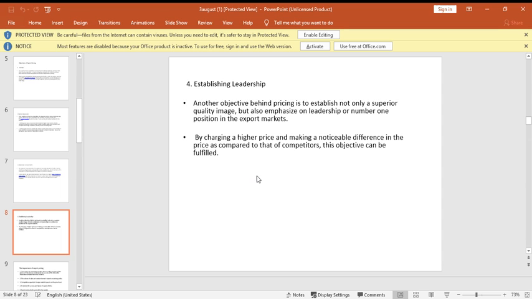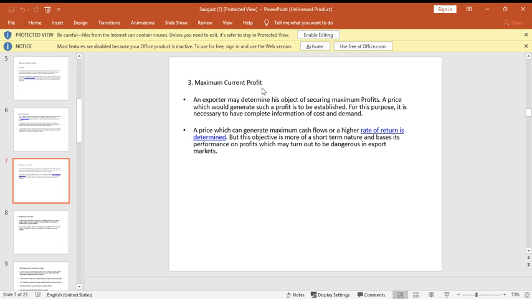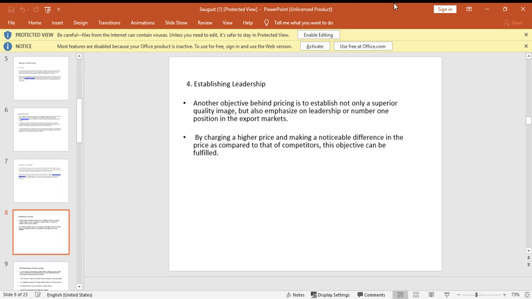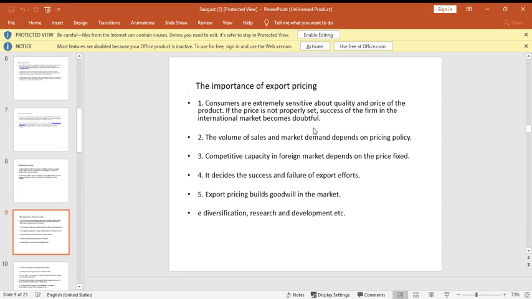So these are the four objectives of export pricing: survival, maximum sales growth, maximum current profit, and establishing leadership. Now we are going to learn about the importance of export pricing.